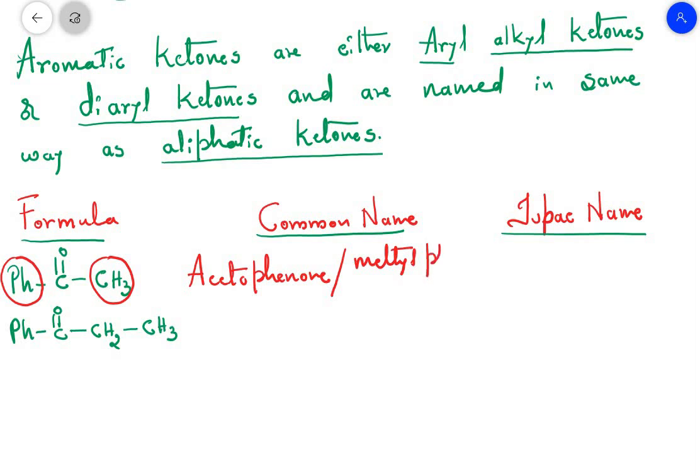And the IUPAC name becomes, so this is the functional group, so we rate it as 1 here and this is second. But at first carbon atom we are having this phenyl group here, so therefore it is called as 1-phenylethanone.